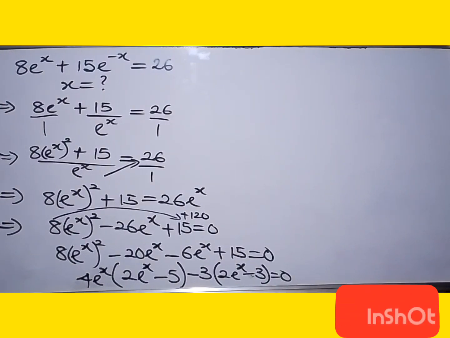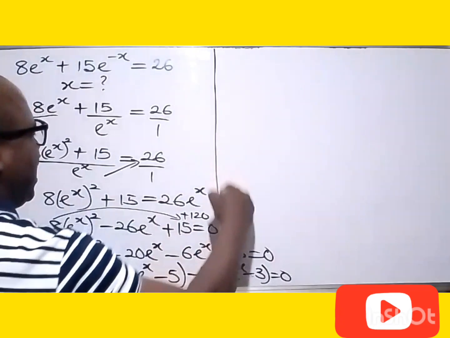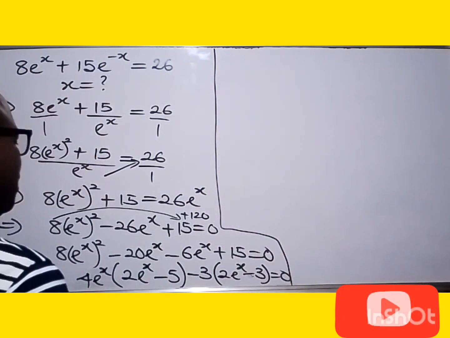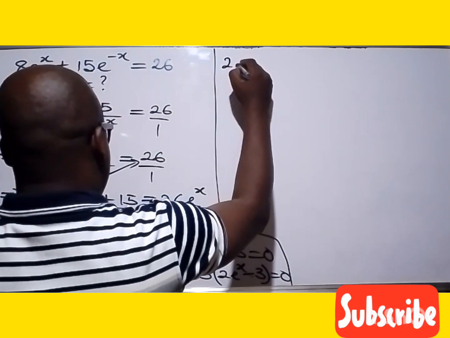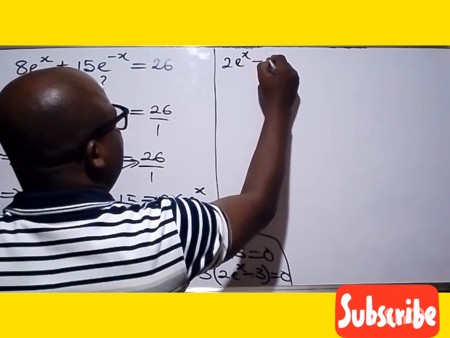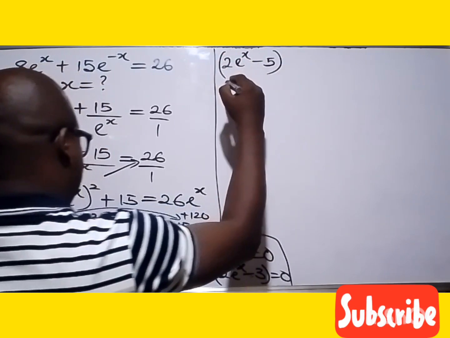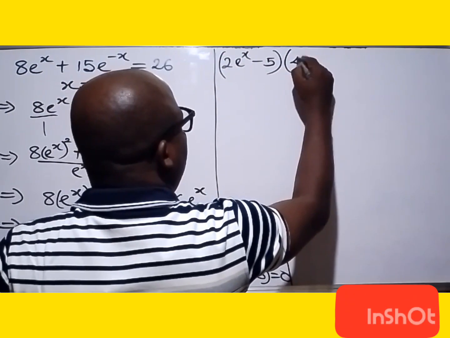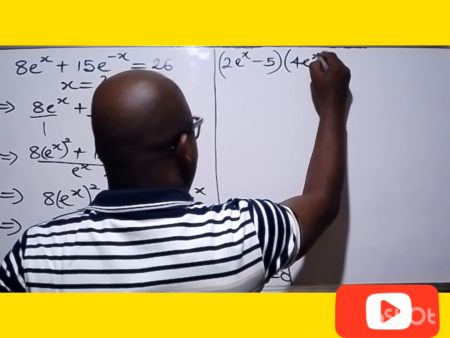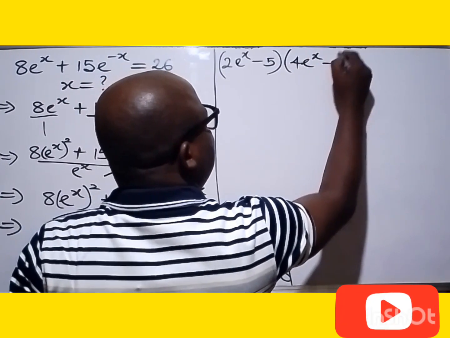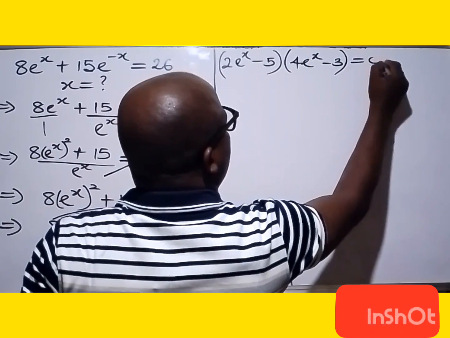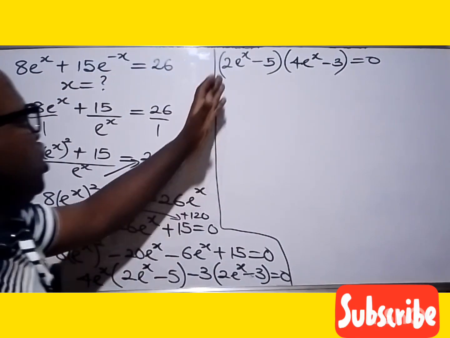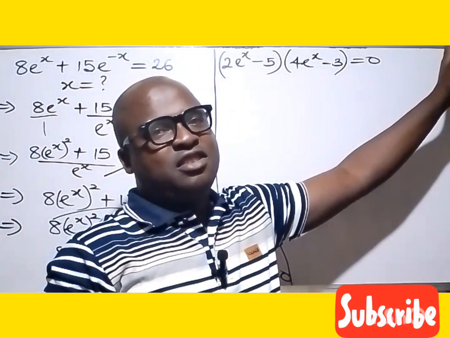From here, you can see what we have in the brackets are the same. That means we will have 2 e to the power of x minus 5 into 4e to the power of x minus 3 is now equal to 0. So I can now equate both brackets to 0.